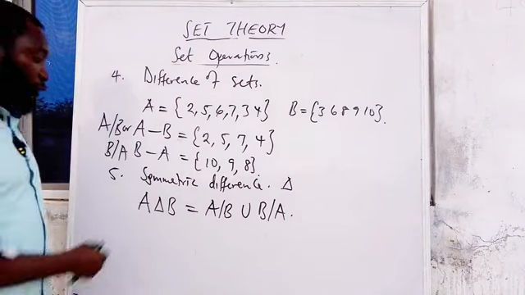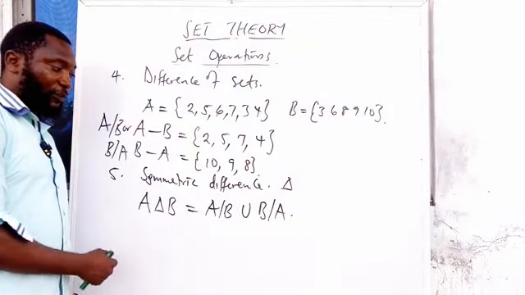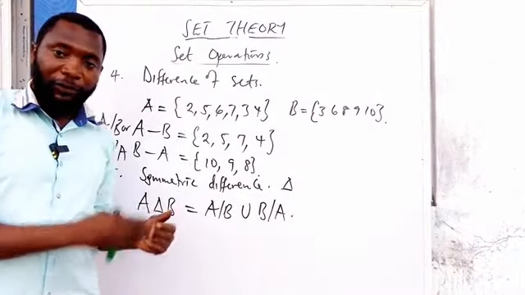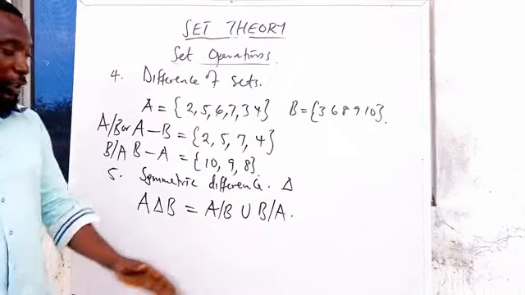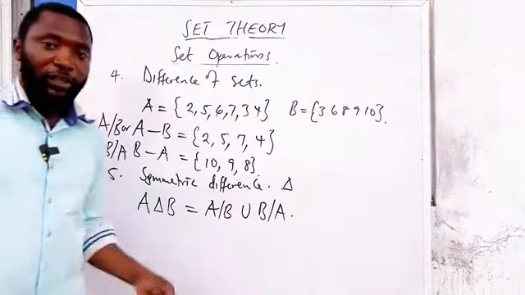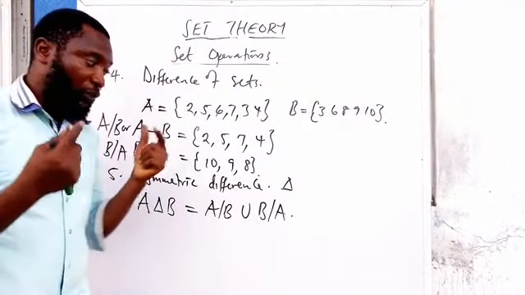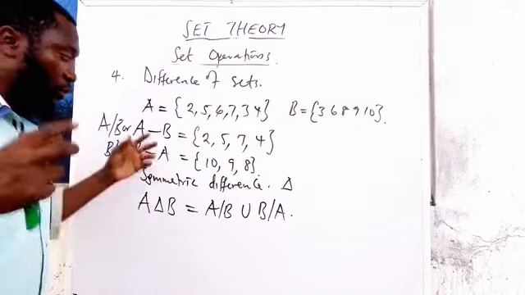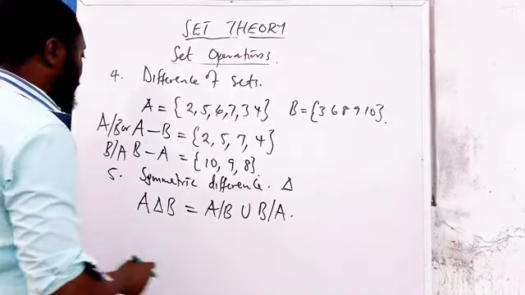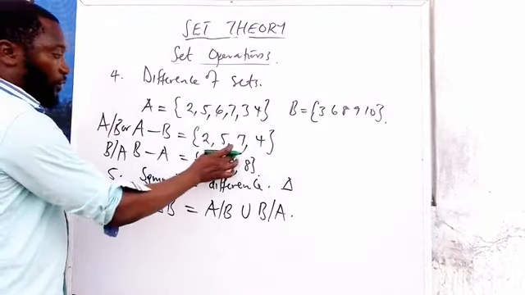To calculate it, you first take out the members of A that are not in B. You also take out members of B that are not in A. Then you combine the two together, because union is the combination of two or more sets.